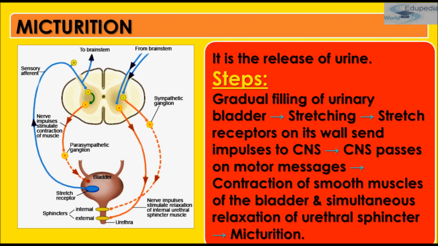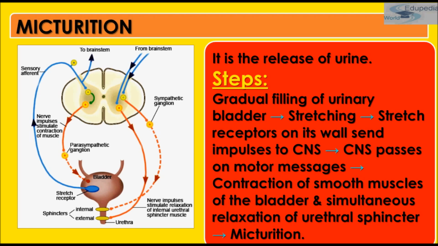Now coming to the steps involved in micturition. Gradual filling of the urinary bladder takes place. Urine always collects drop by drop. Then stretching of the urinary bladder takes place, and stretch receptors on its wall send impulses to the CNS, the central nervous system, which passes on motor messages.